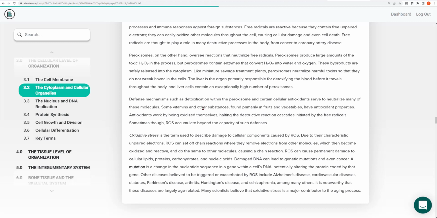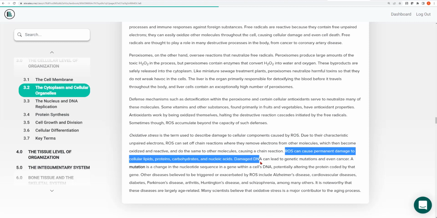These molecules can lead to damage to our DNA. So over time, these reactive oxygen species cause permanent damage to our cellular proteins, our lipids, our carbs, and by damaging our DNA, they can lead to mutations and cancer.